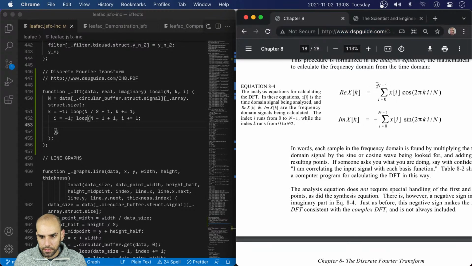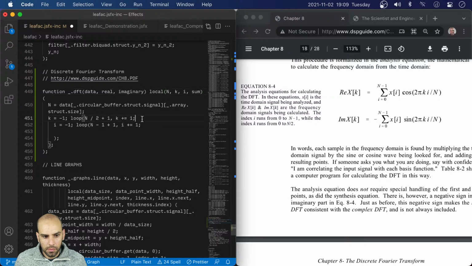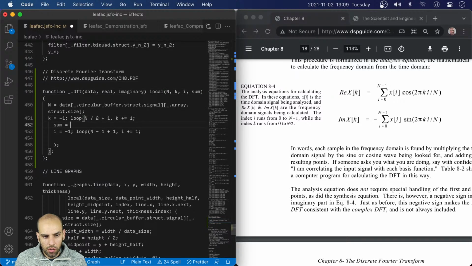Then I'm going to do some stuff in this loop. I'm going to do this summation in the loop. So let me have a variable called sum. Of course, it starts with 0. And then I will add.